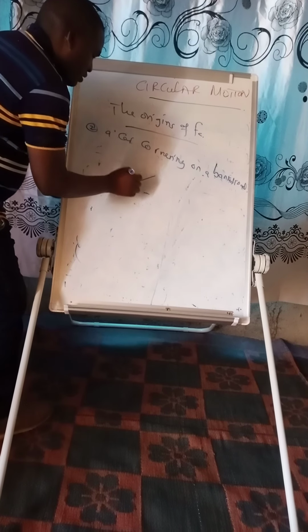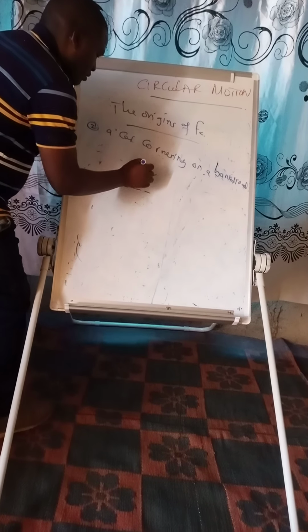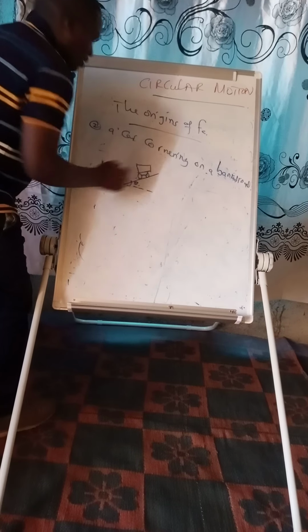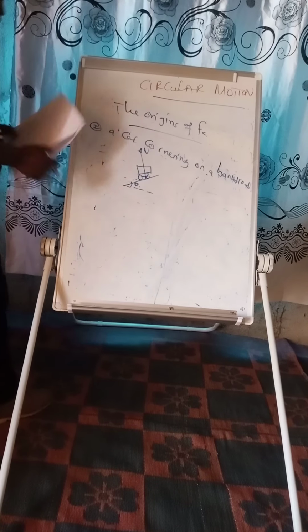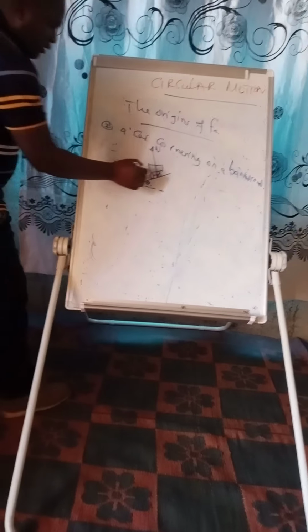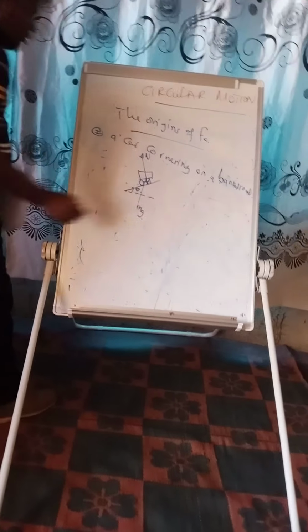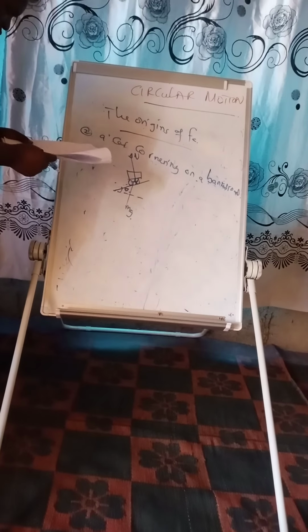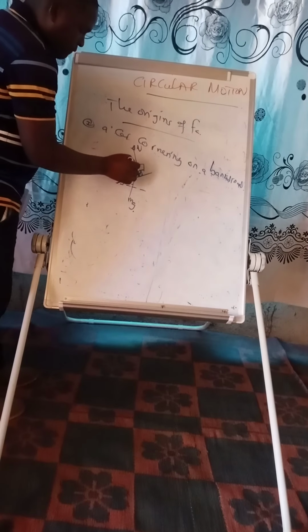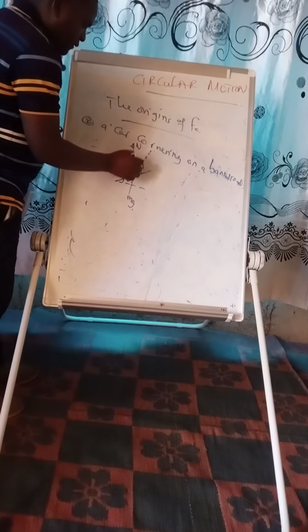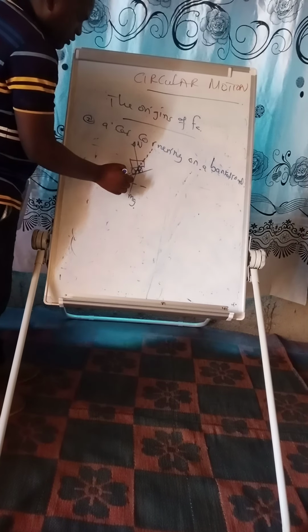So then this is our car, where the normal force now is N, and its weight is mg. If we resolve this angle, we find that this angle is equal to this angle, theta.